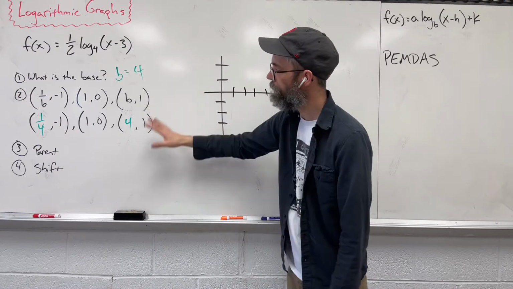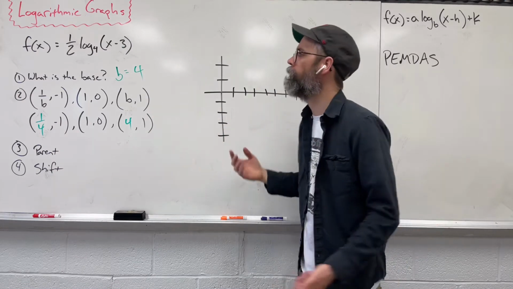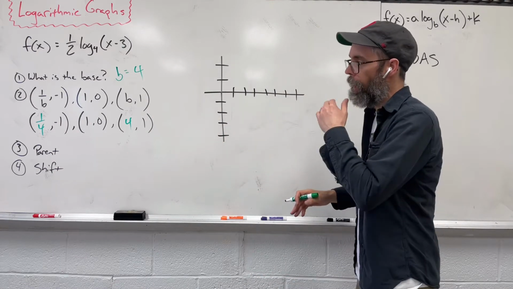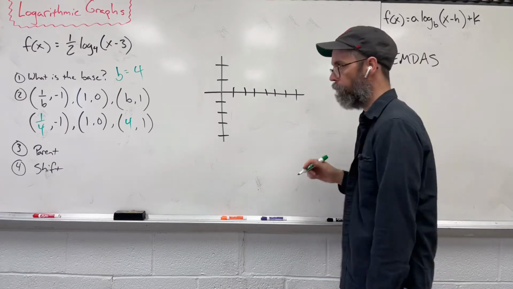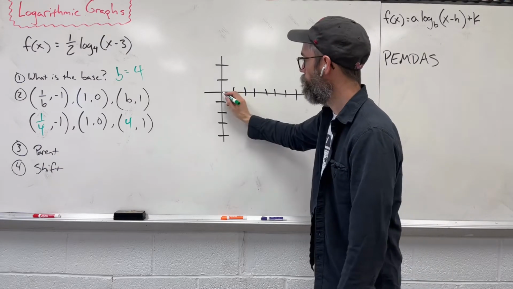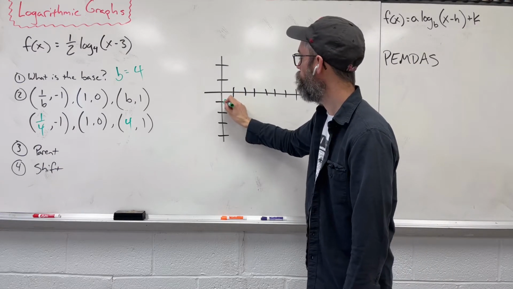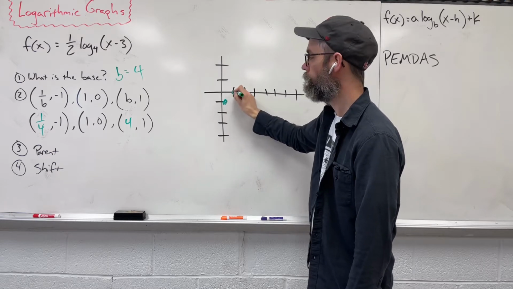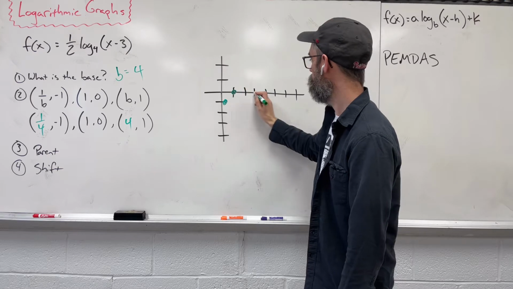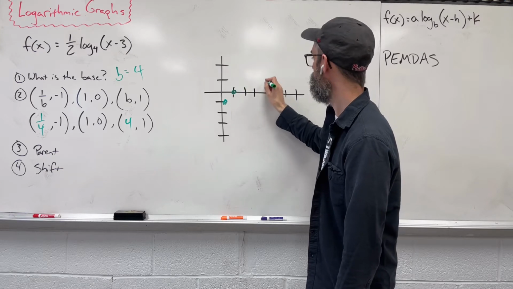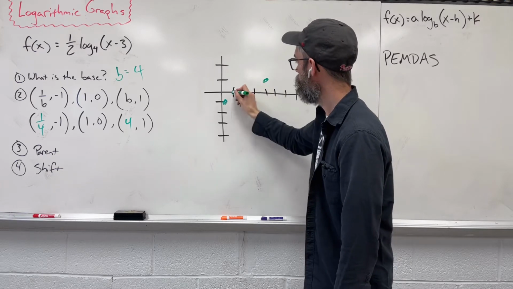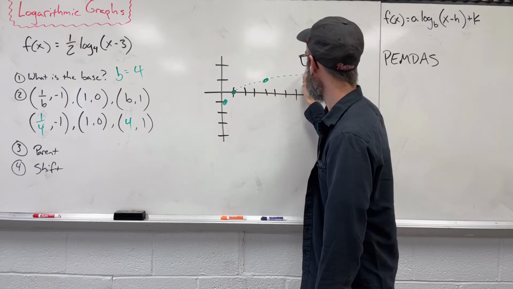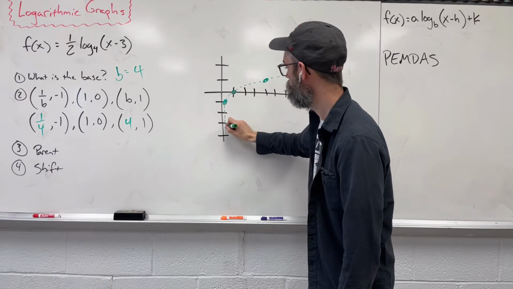Now I want to take this and graph what's called the parent function of this, and then we're going to shift that whole thing. So we're going to go over 1/4, down 1. We're going to go over 1, up 0, and we're going to go over 4 and up 1. And I'm going to draw this real lightly because this will change.